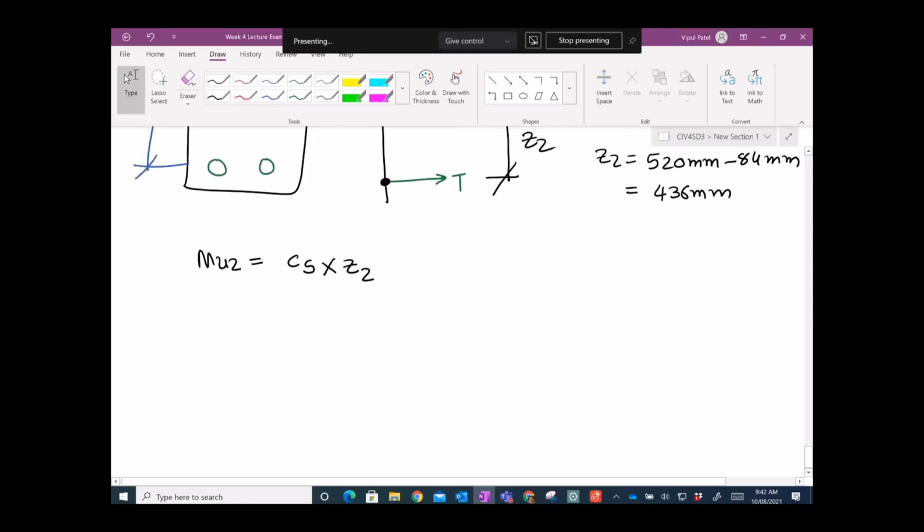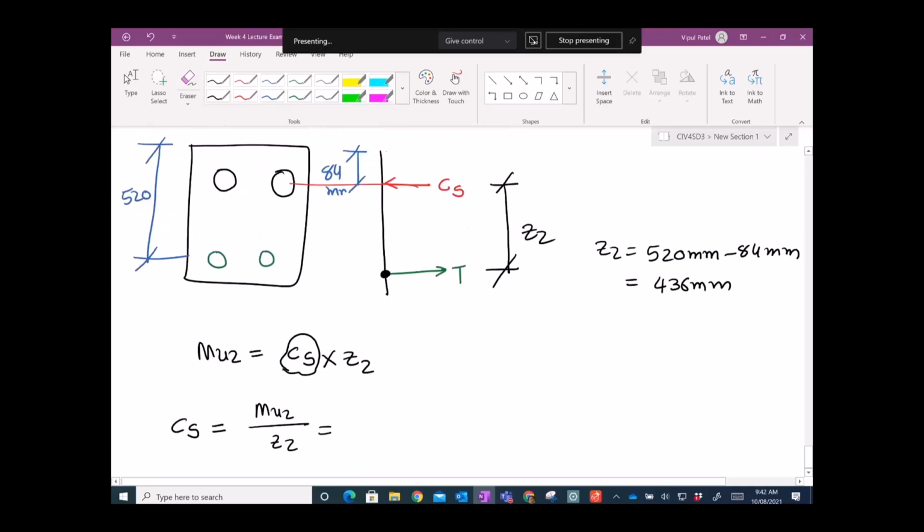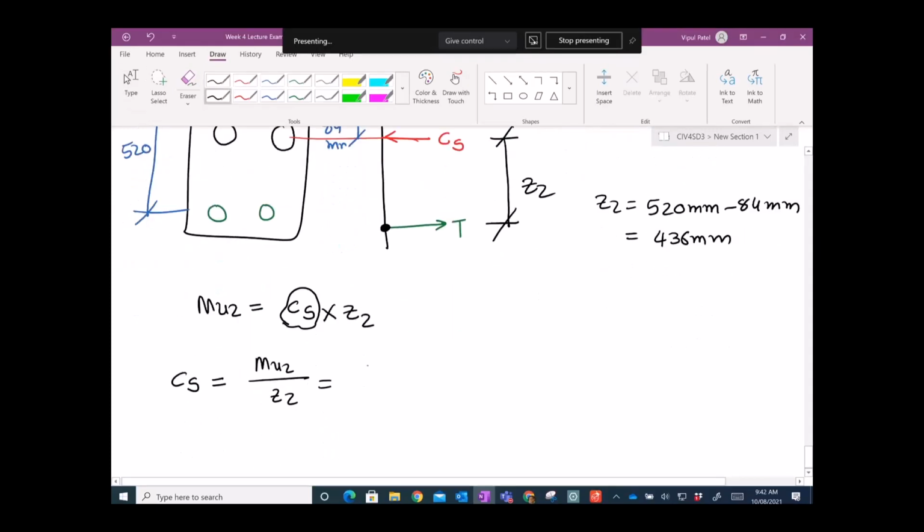So if I want to calculate the force taken by this top Rio, then mu2 over Z2, this mu2 was 98, let's multiply by thousands, you get newton millimeters, over Z2 is 436 millimeters.